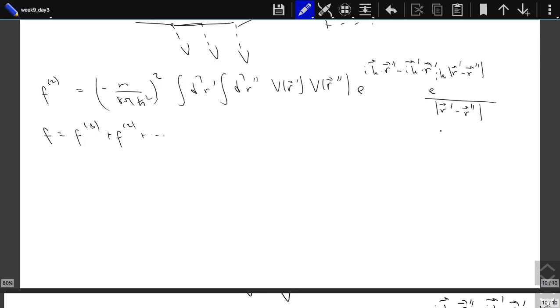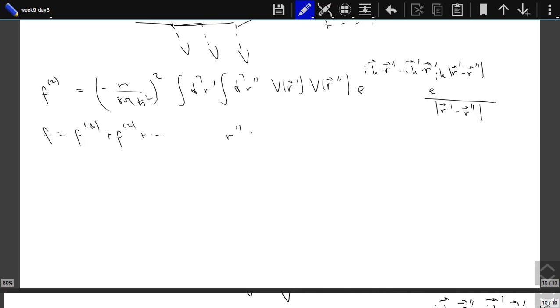In the r double prime integral, what you can do is just shift it by r prime, so that what you would have is d cubed r double prime divided by the length of r double prime. But d cubed r double prime, if you write it in spherical coordinates, is r double prime squared dr double prime times the solid angle, divided by r double prime. That is finite. What I mean is just make a change of variables.